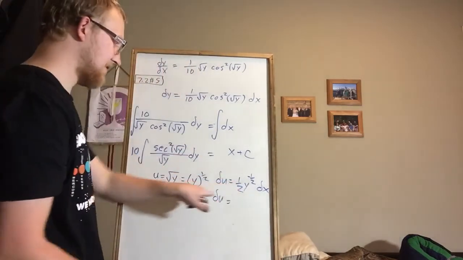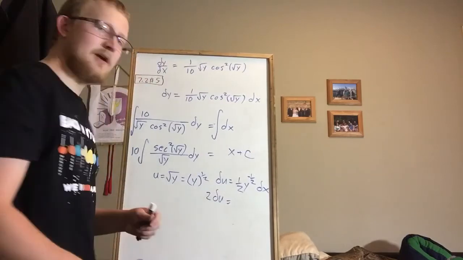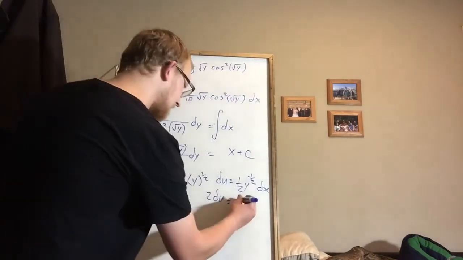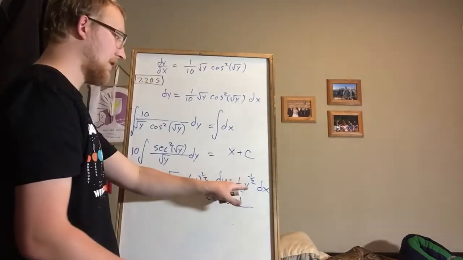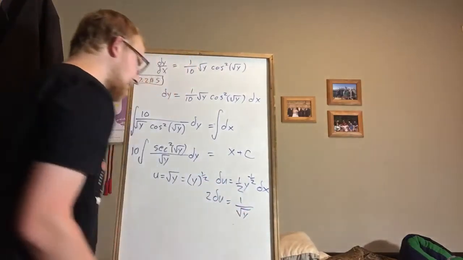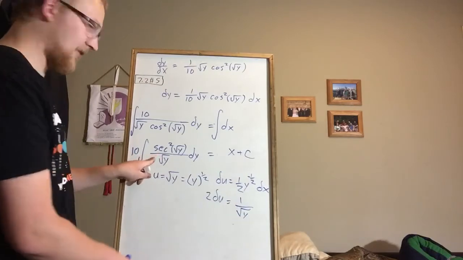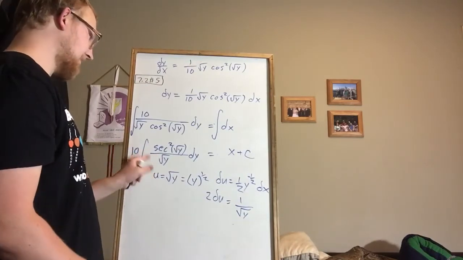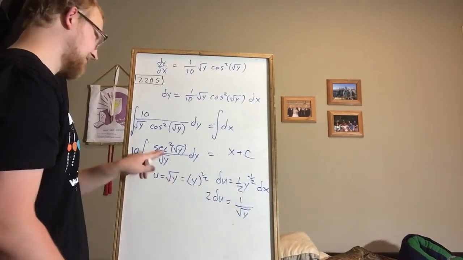So let's multiply the 2 over to this side, and you'll see why in a second. And what we're left with is 1 over y to the 1/2, which is the same thing as 1 over square root y. Well, look here. We've got a 1 over square root y in our integral. This could be useful for getting rid of that.